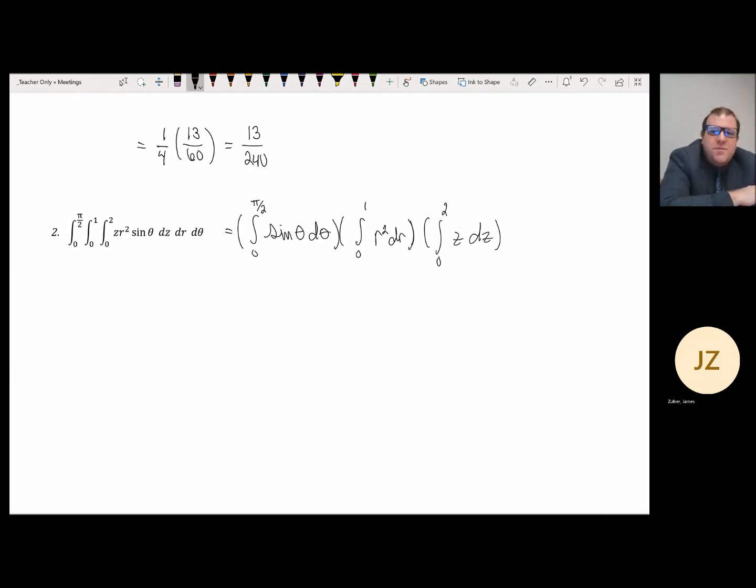So we can just write this as the product of 3 single integrals. Keep in mind, this only works if your limits of integration are all constants. In other words, your domain is a box and it's a product of functions.